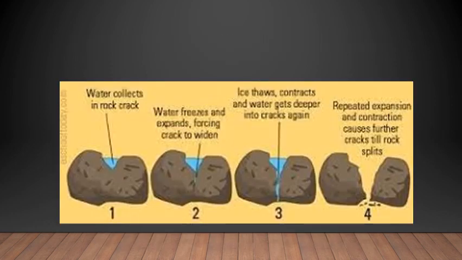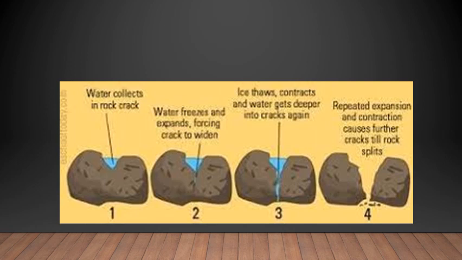How does it happen? Here you can see one huge rock. Water gets collected in the rock cracks. Small cracks form, maybe because of the pressure from the sun. Because of rainfall, there will be water in that rock crack. Now, after rainfall, if there is winter and the water freezes, the water will expand, putting more pressure on the rock and making it break down.